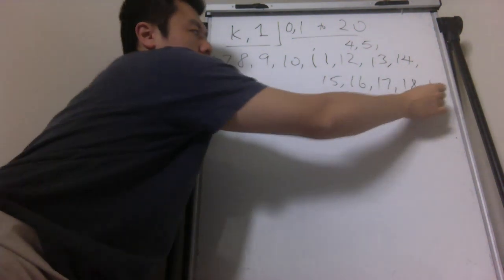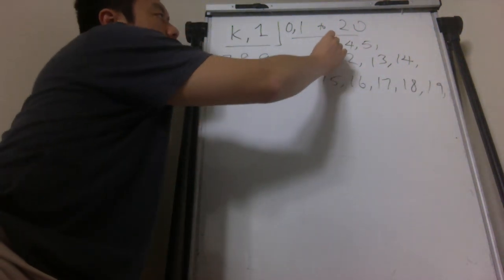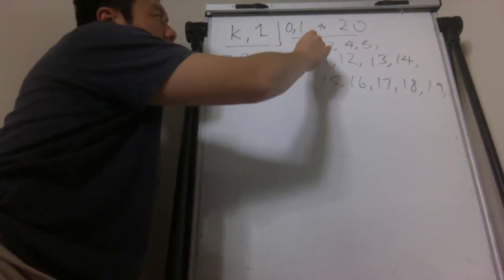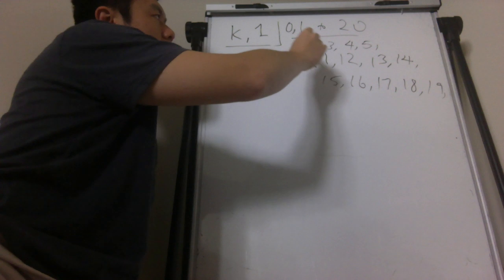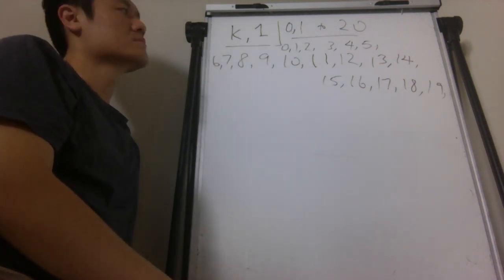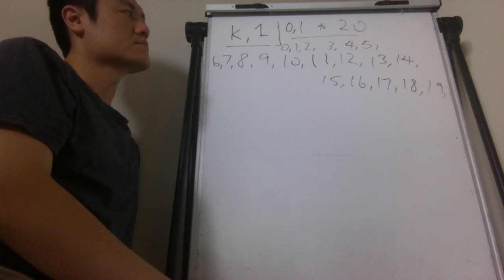And then 3. And then 2. And then 1. And then 0. And the 6 is not close. 20. 20, yeah.